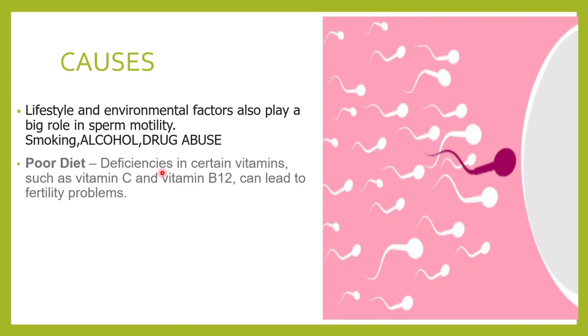And there are certain lifestyle and environmental factors like smoking, alcohol abuse, or drug abuse that can alter sperm motility. A diet deficient in vitamin C, vitamin B12, etc., can also cause fertility problems. In many cases, there may not be a valid reason for the low sperm motility.